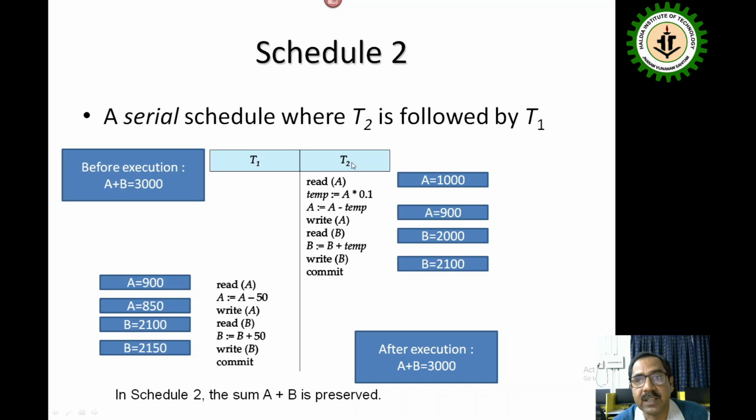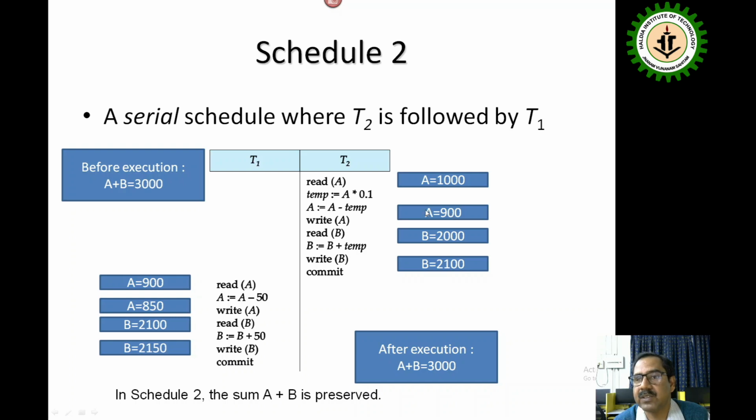All the assumptions and considerations are also true for schedule 2. So here T2 first reads the data item A, which is the initial value of A. So the initial value of A is 1000. After completion of these steps, T2 performs write operations on the data item A. So that is 900.